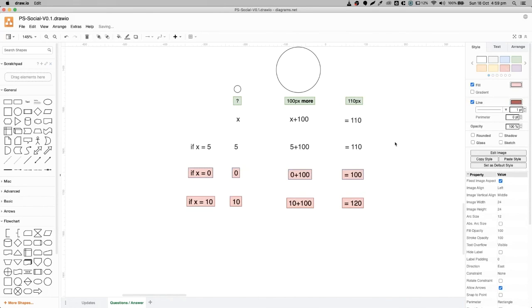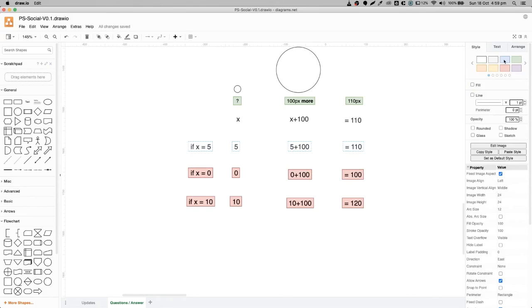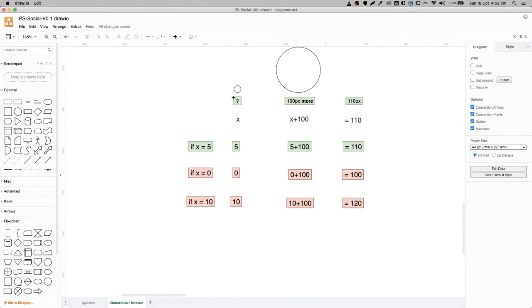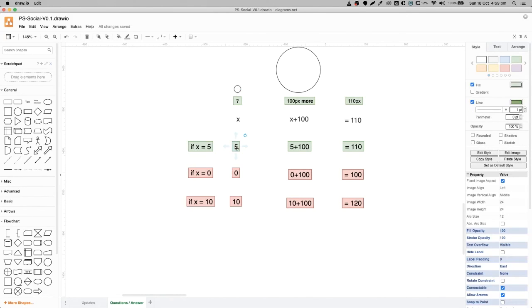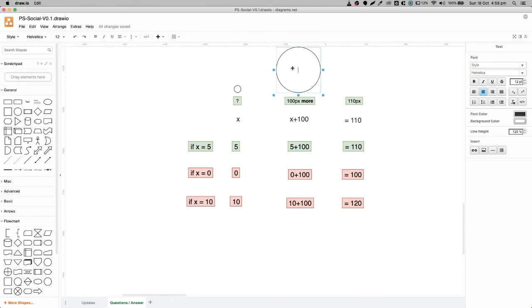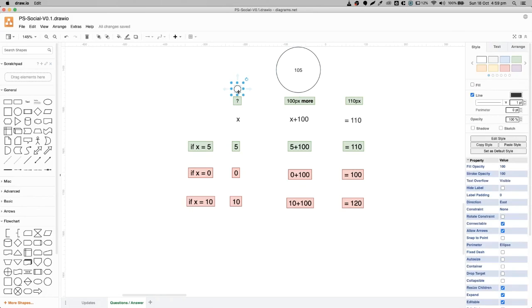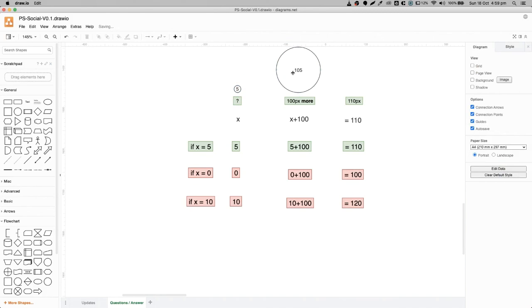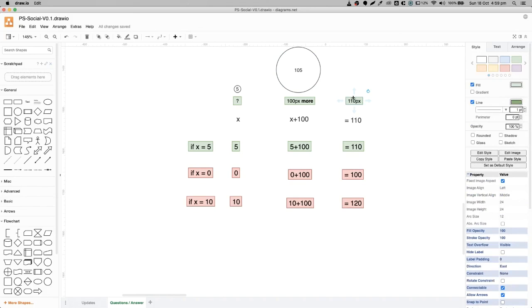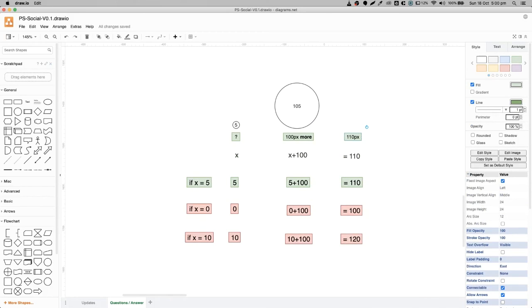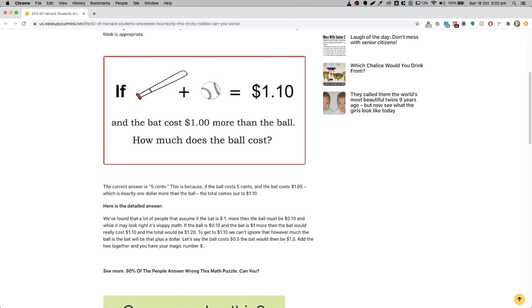But this is the only correct explanation: if this ball was 5 pixels wide and 5 plus 100, which means the bigger ball needs to be 105 pixels wide, and this one was 5, then altogether we get 110, which we originally wanted to get. So this is how you solve it, and hopefully this would have helped. Thank you.